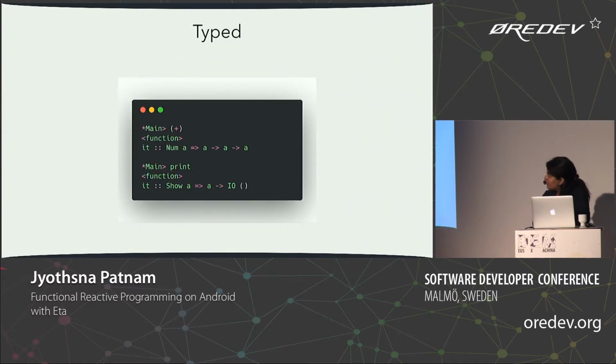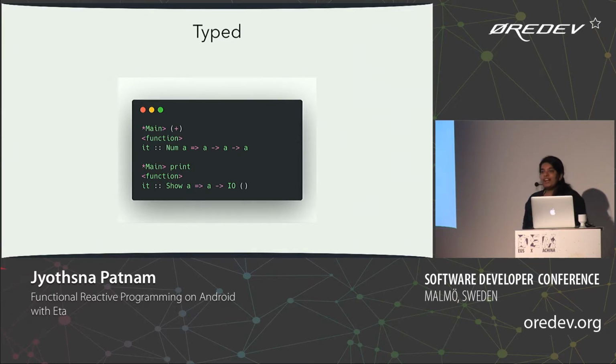The interesting part of this slide is that functions like plus and print can also have types in ETA. Being able to give types to every expression in your language means you can tell your functions what exactly you want to do and also help your compiler understand what you intend.